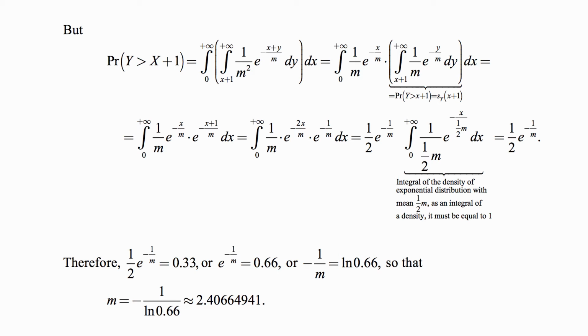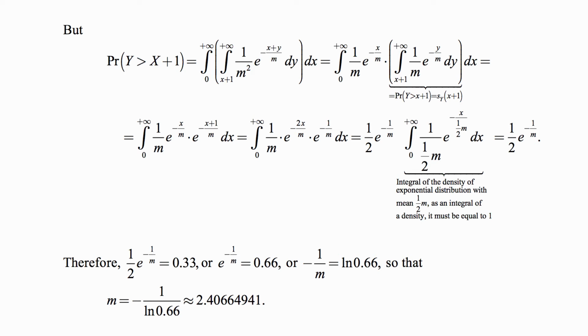So we take the terms that involve only y, and what we have under the integral for y from x plus 1 to plus infinity is 1 over m times e to the minus y over m dy. That is actually exactly the probability that y is more than x plus 1, where x is the specific value of big X, which must be the survival function of y evaluated at x plus 1.